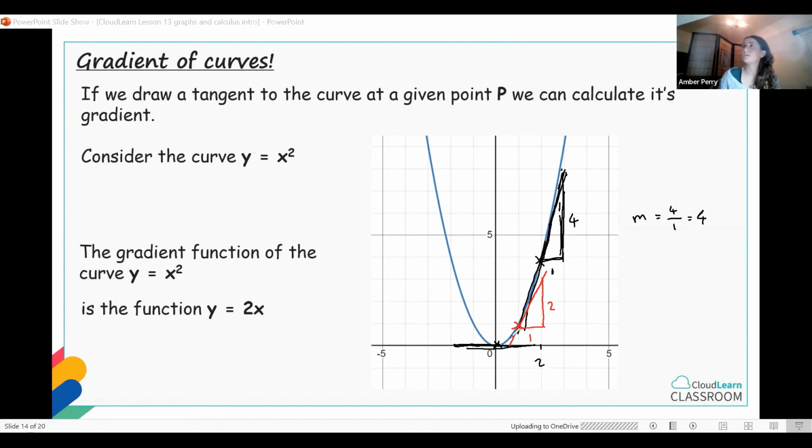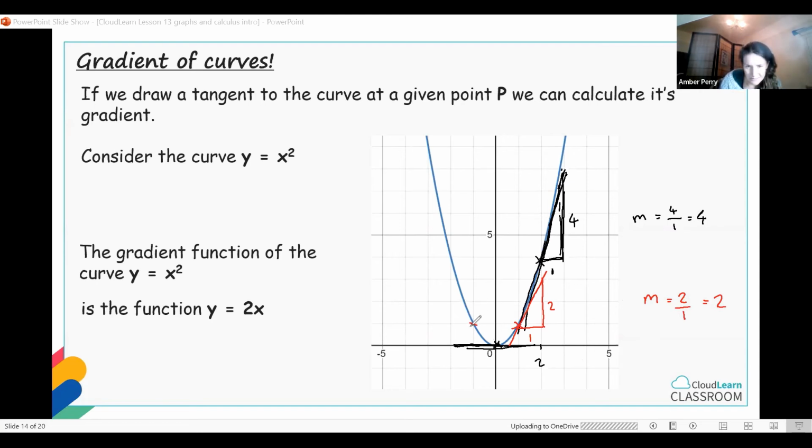So at this point, the gradient m is now the difference in y divided by the difference in x, which is 2/1, which is 2. So you can see at the point where x is 2, the gradient is 4. At the point where x is 1, the gradient is 2. At the point where x is 0, the gradient is 0.